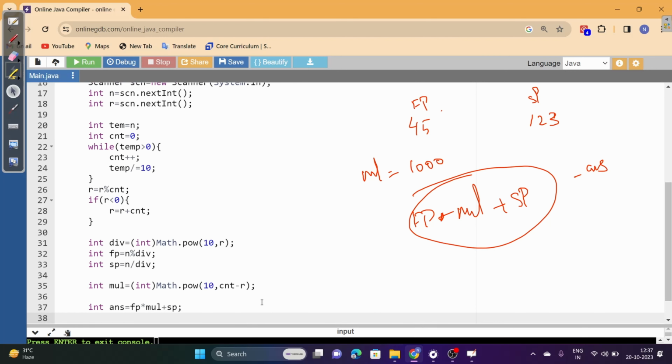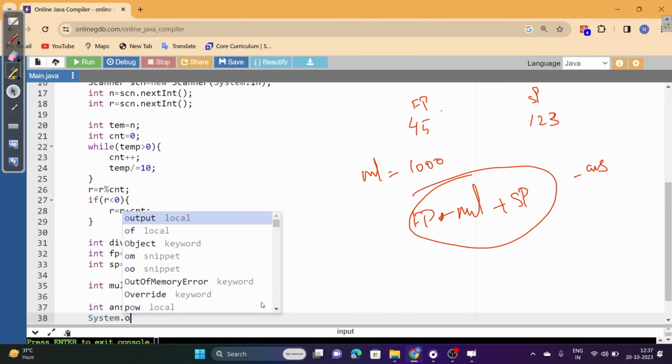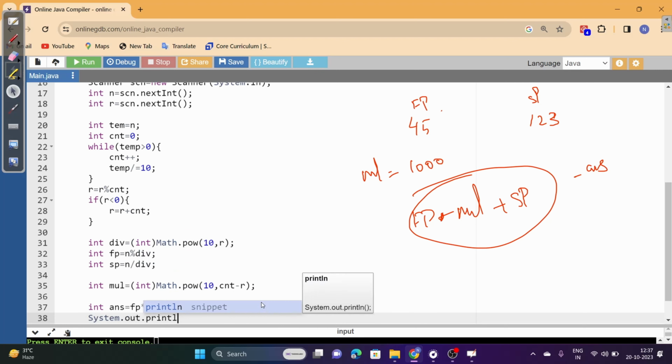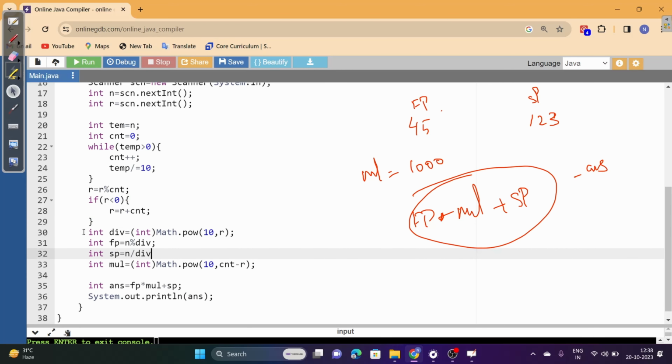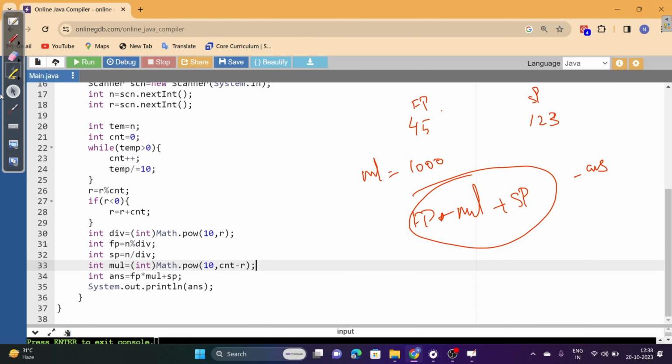That's it. Then make it system.out.println of answer. So let's run the code.